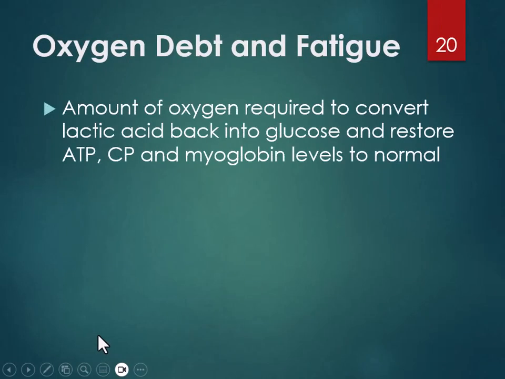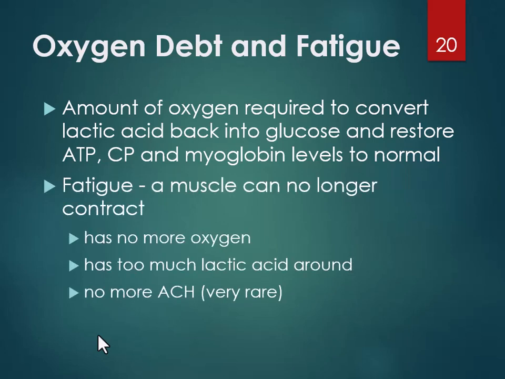So now you're in oxygen debt, and the amount of oxygen that you need to recover includes enough to get your lactic acid reverted to pyruvate, which your liver can do, and restore normal glucose, myoglobin, creatine phosphate, and ATP levels. That amount of oxygen is your oxygen debt, and until you do that, your muscles will not contract.